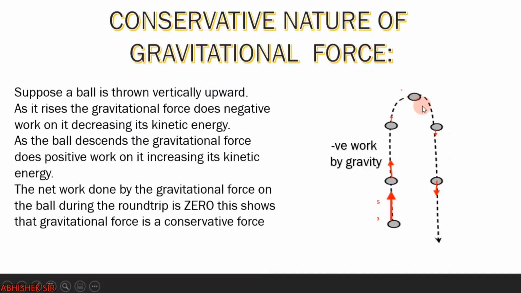Now the next case: when the object is falling downward, the gravitational force is attracting the object, so it does positive work. You can see negative work in the first half, positive work in the second half. So can we say that the net work done by the gravitational force during the whole trip of this object is zero? And this proves that the gravitational force is a conservative force.